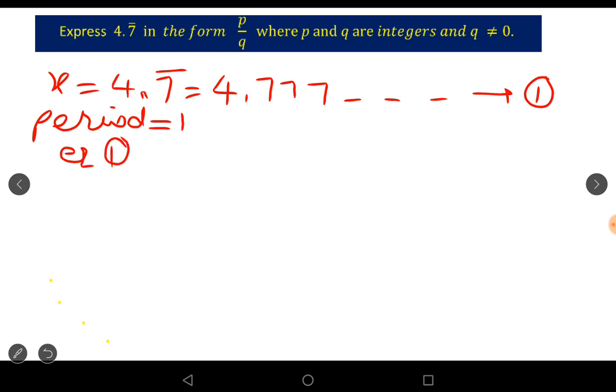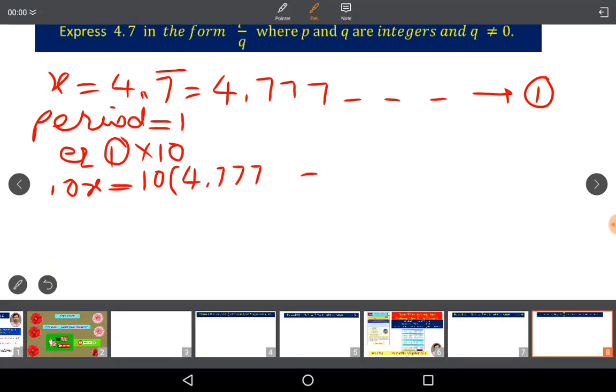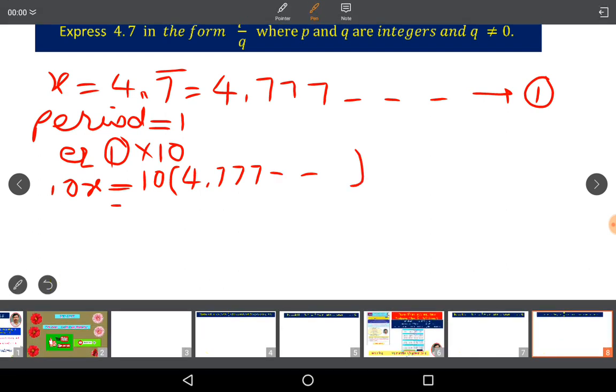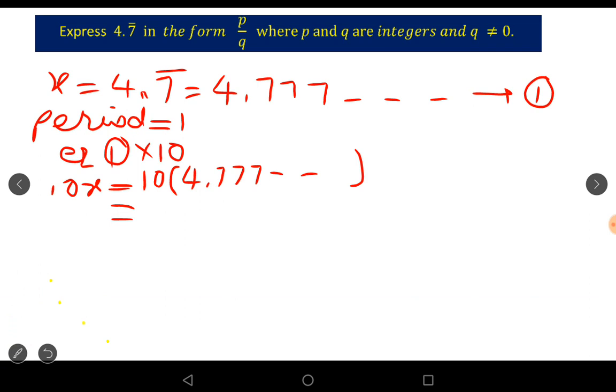Equation 1 multiply with 10. So 10x equals 10 times 4.777 and so on. Multiply with 10, the decimal point moves only one place to the right, so 47.777 and so on. This is equation 2.